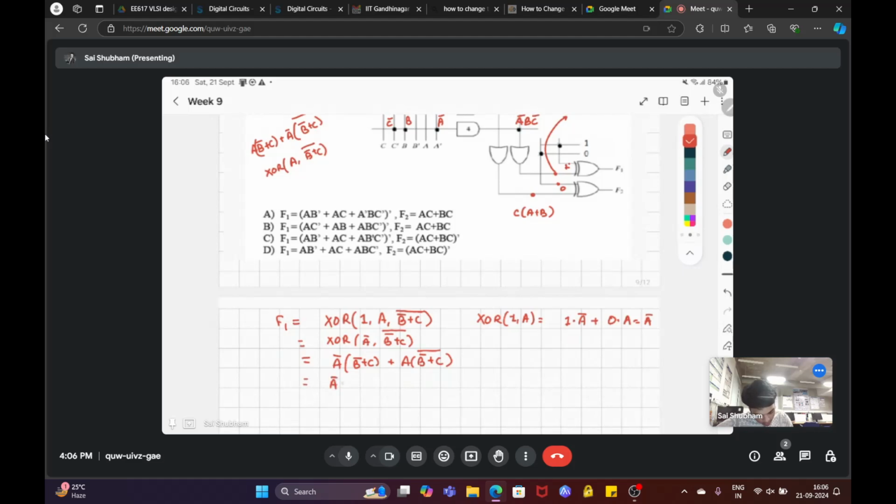Which will be A bar B bar plus A bar C plus A B C bar.